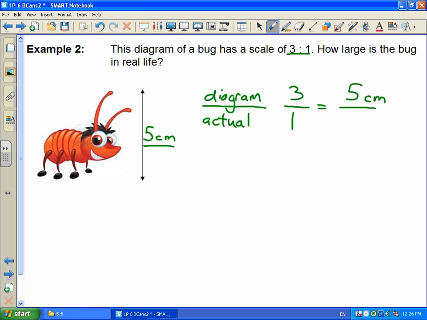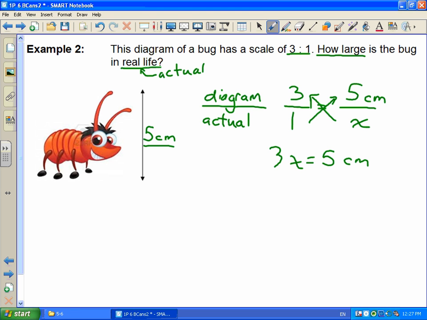What am I being asked to find in the question? I'm asked for how large the bug is in real life. So I'm being asked for the actual size of the bug. So I need a variable down here. And now I just need to solve this proportion for x. I'm going to cross multiply, and I get 3x equals 5 centimeters.